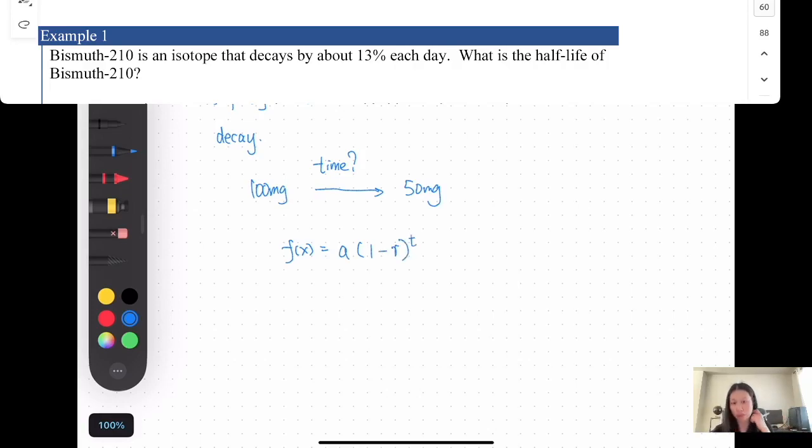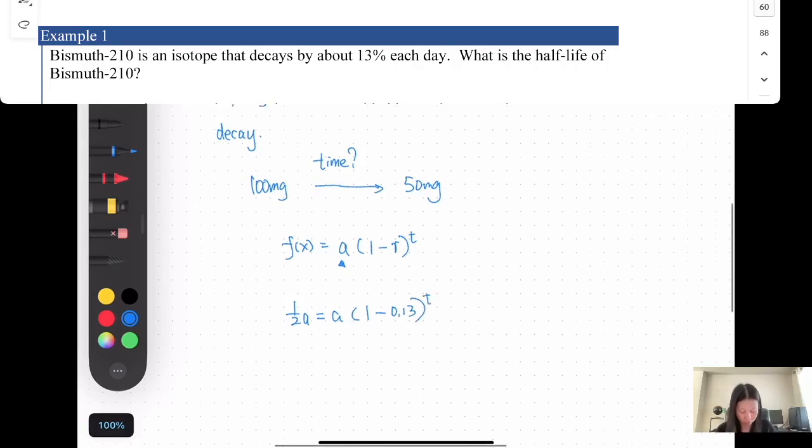They ask what the half-life of bismuth is, and the input is A, so the output, if you halve it, is half of A, right? So the setup of the function should be this one, and the rate is 13% per day, so we subtract 0.13 in the base, raised to T.